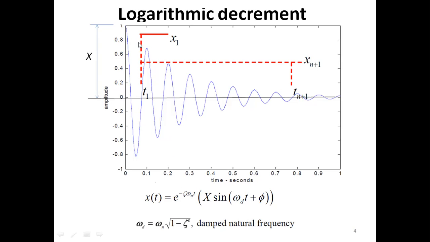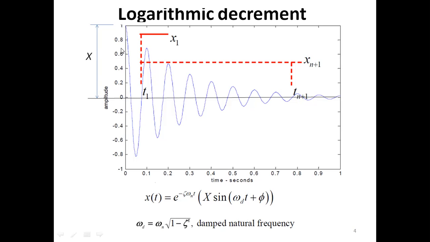The exponential decay function represents the exponential function with which the peaks are reducing. So the peaks are reducing with this exponentially decaying function, which is given by exponential minus zeta omega n t. Capital X, as I already discussed with you, is the initial displacement.